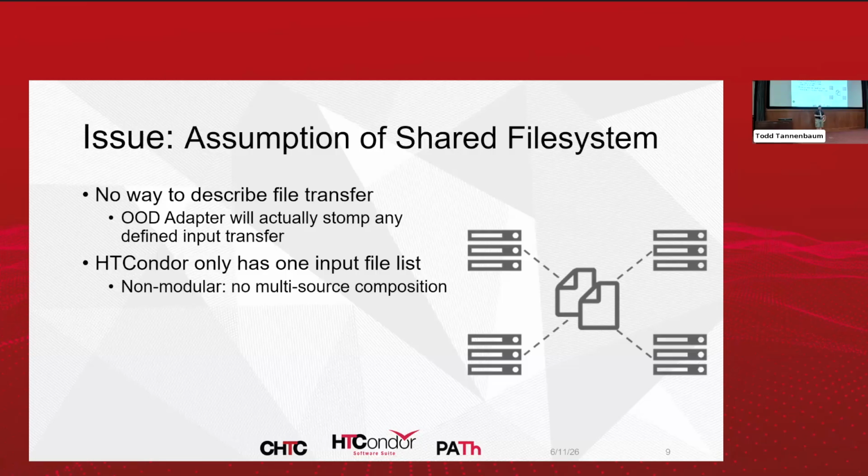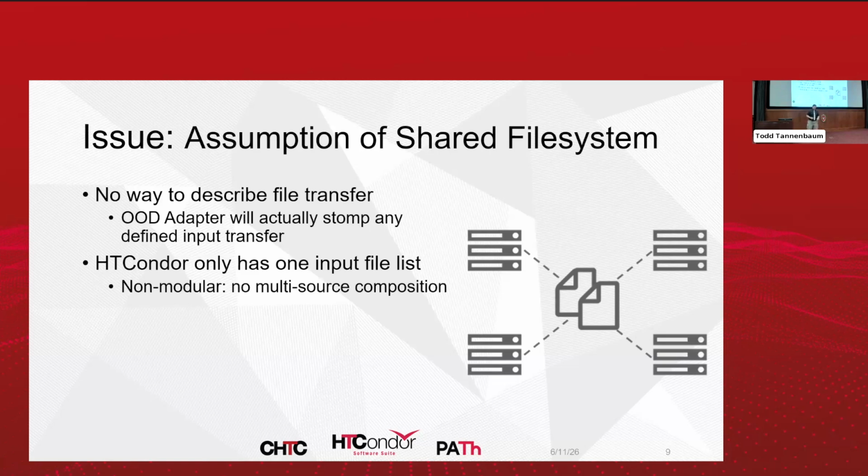The reason for this is because Open OnDemand, as Marone kind of alluded to, is expecting the scripts in a shared file system, tight coupling to do all this nicety. So it sets the executable to a shell, and then it passes the actual script or executable you have provided as the input transfer. And then this gets to the second issue of Condor only has one input file transfer list, right?